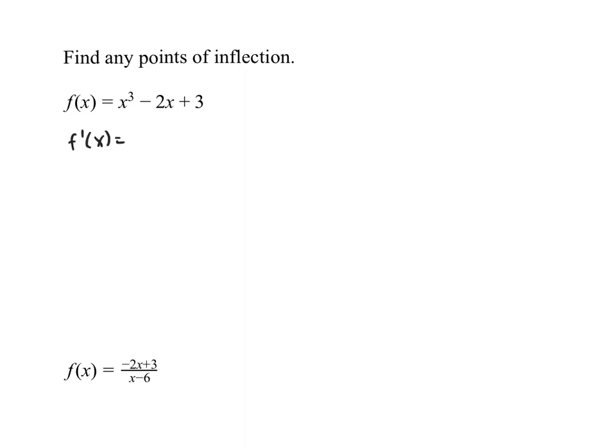So f prime of x for this one is going to be 3x squared minus 2. And so f double prime of x is going to be 6x, just 6x. So when 6x equals 0, x is obviously 0. So if I'm going to have an inflection point, it's going to happen at 0.